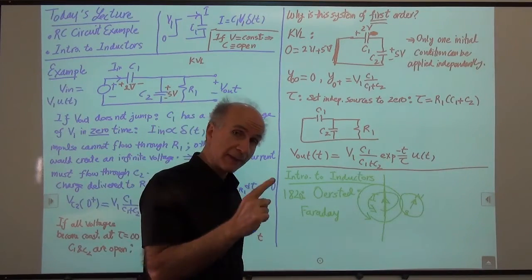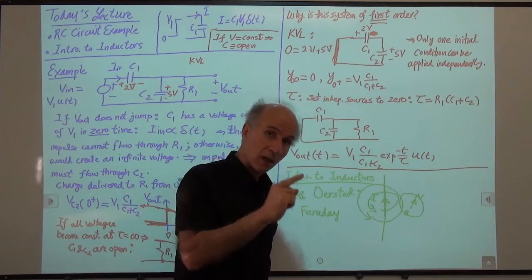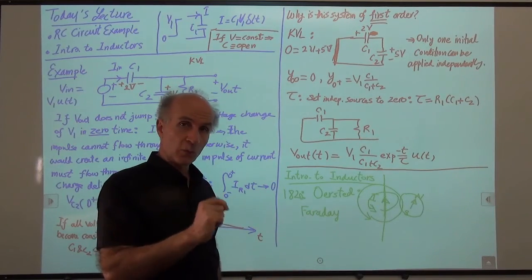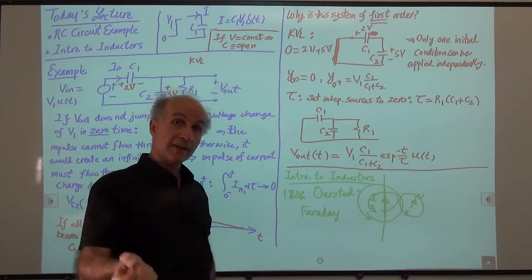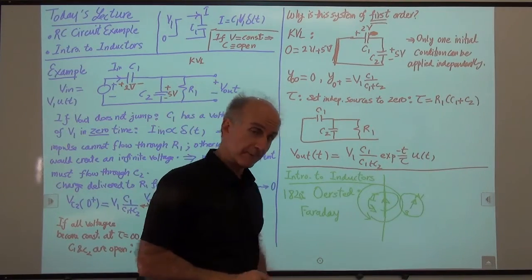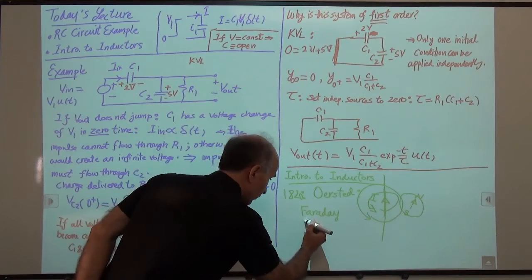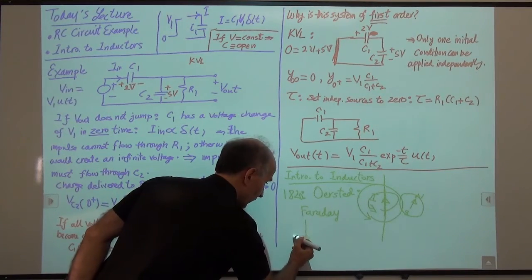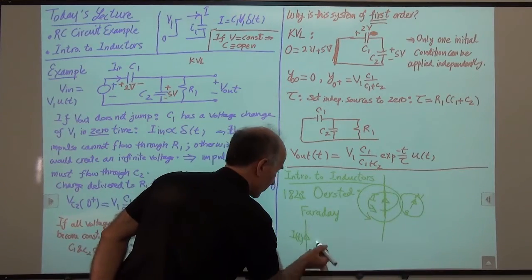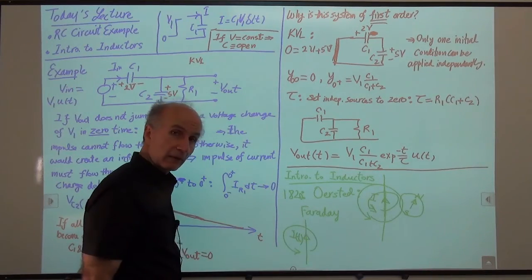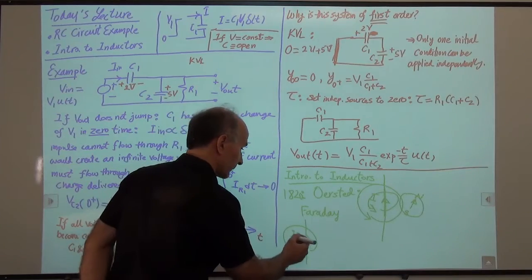But if the current is changing with time, which means the magnetic field is changing with time, then something even more interesting happens. So here's our good old wire with a current, I, but now I is a function of time. And we have a magnetic field around it that's also a function of time.